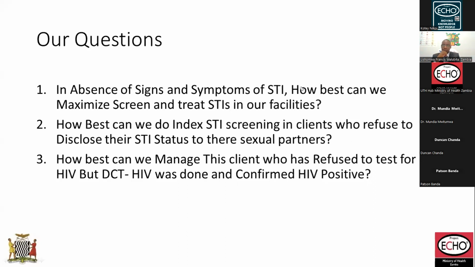In a setting where we are not able to do certain investigations, and if we are concerned she's presenting with any neurological symptoms, I would consider actually treating this client as a case of neurosyphilis. Then, of course, we need to screen for cryptococcal meningitis.